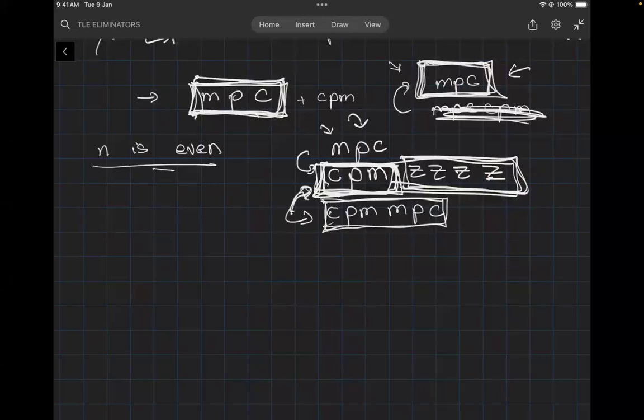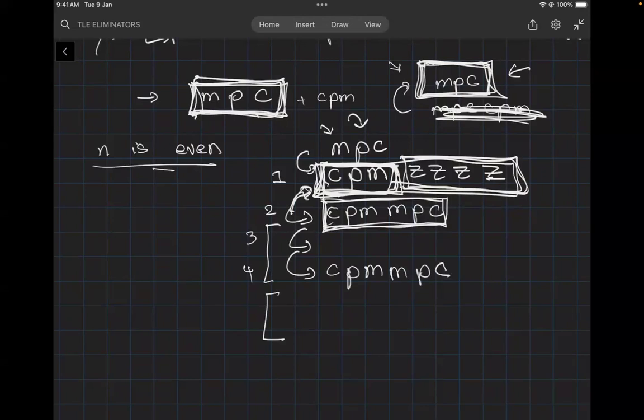Now, if I do a reverse operation any number of times, we get the same string as we discussed. I spent an even number of operations getting CPM MPC. No matter how many operations I do, 3, 4, here I'm going to get CPM MPC again.